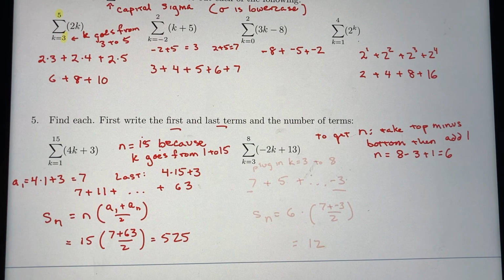Okay, why adding 1? Because you got to count the 3 and the 8. And subtracting only finds you how far it is between them.